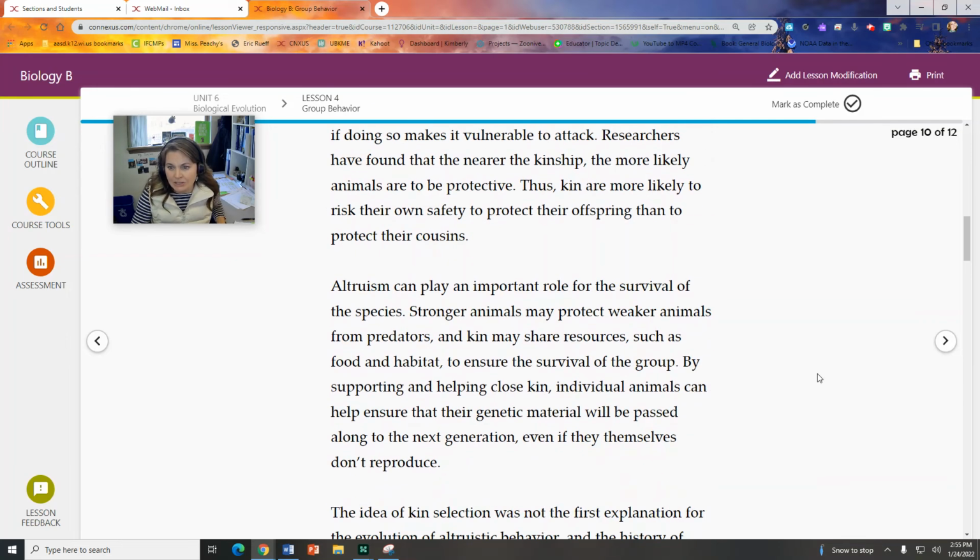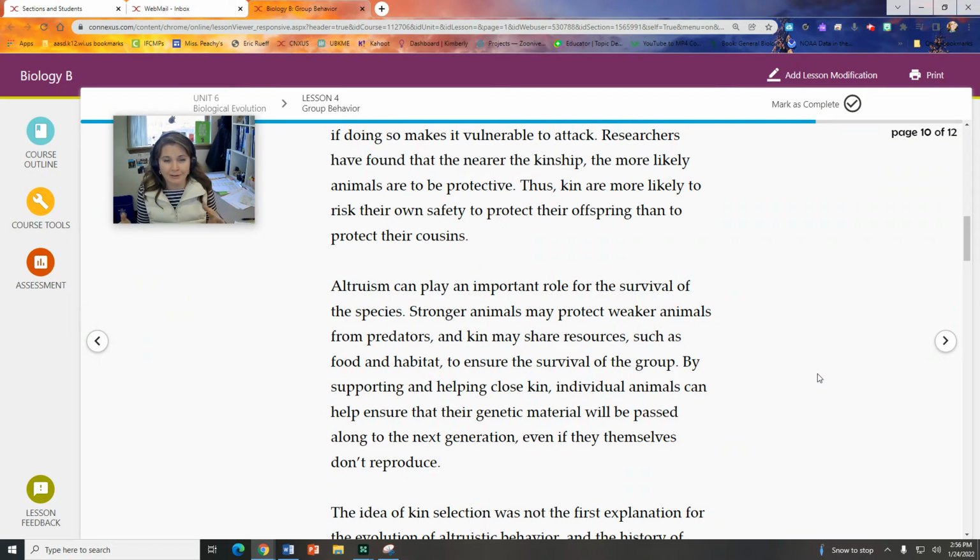But interestingly, they talk about how, if you think about it, your kin carries some of your own DNA. So by ensuring the survivability of your kin, you are actually increasing the likelihood that your DNA will be passed on to future generations.